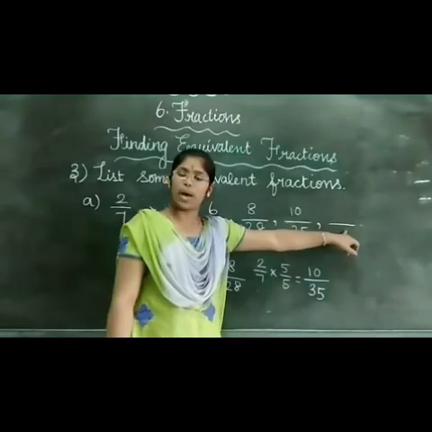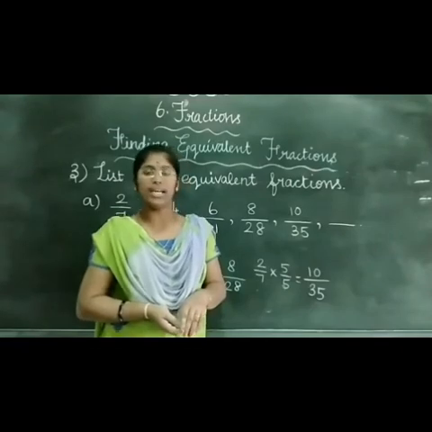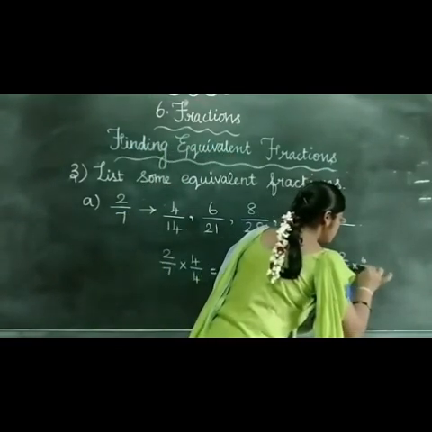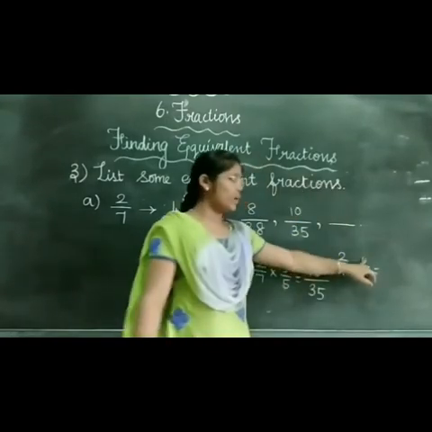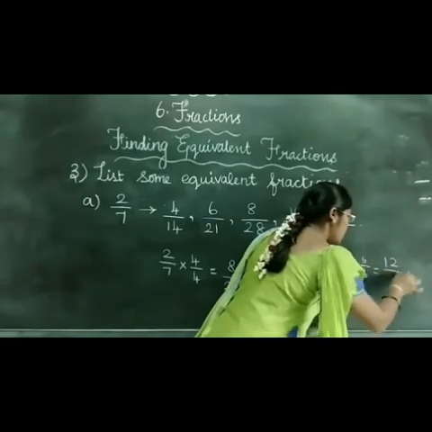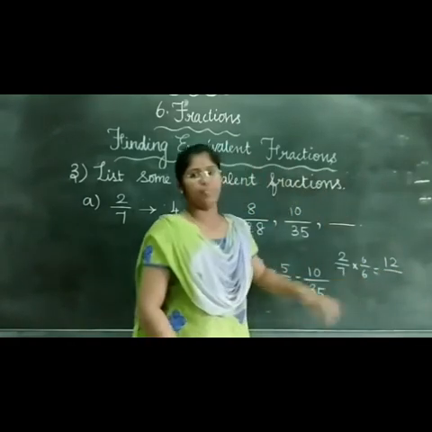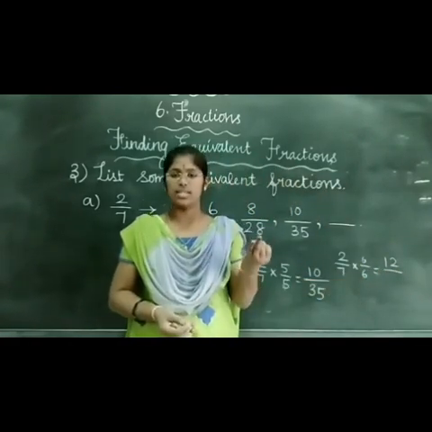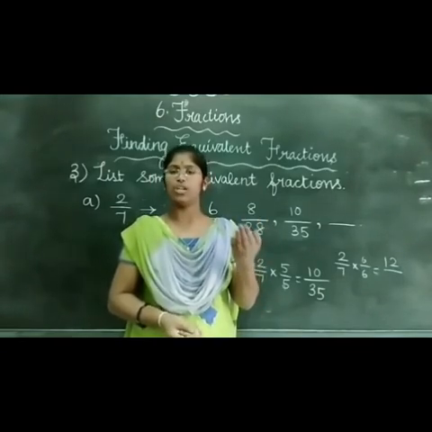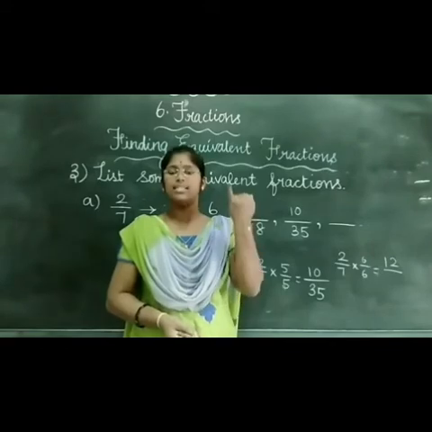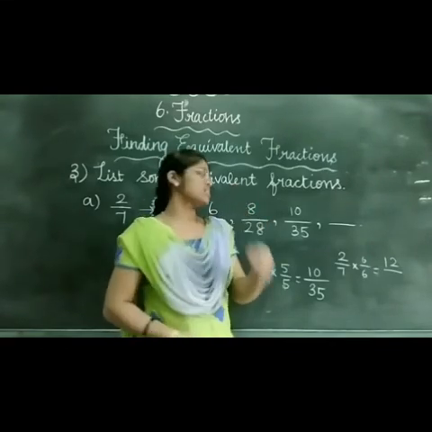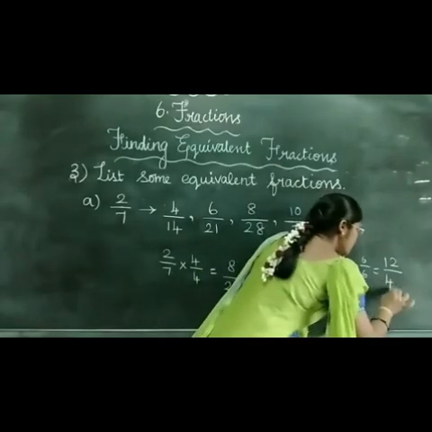Then for the next one, we have to multiply it by 6. 2 by 7 into 6 by 6. 1 6 is 6, 2 sixes are 12. Then 7 sixes are, 1 6 is 6, 2 sixes are 12, 3 sixes are 18, 4 sixes are 24, 5 sixes are 30, 6 sixes are 36. Then 7 sixes are, yes, 42.